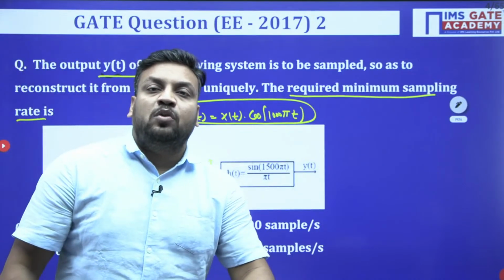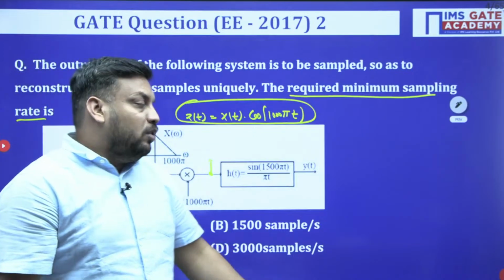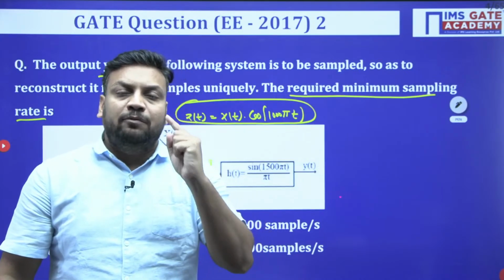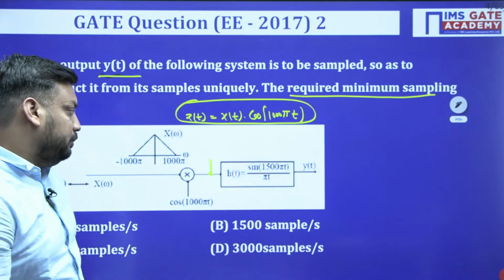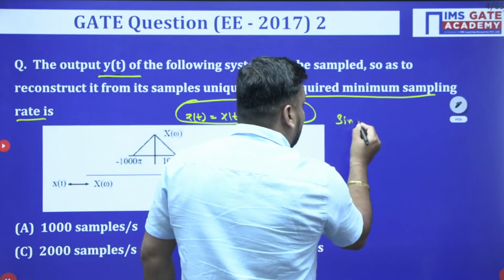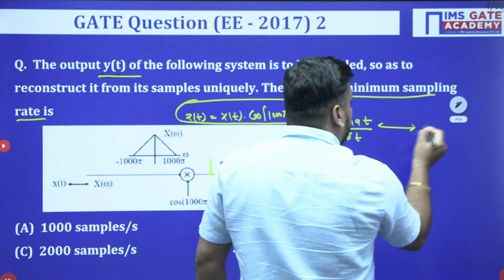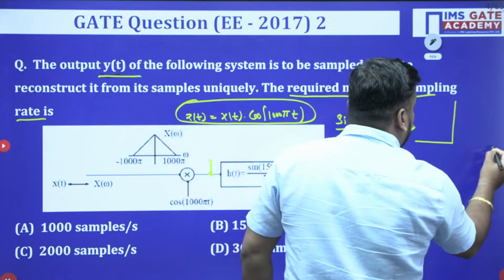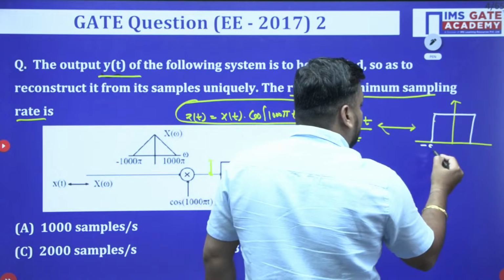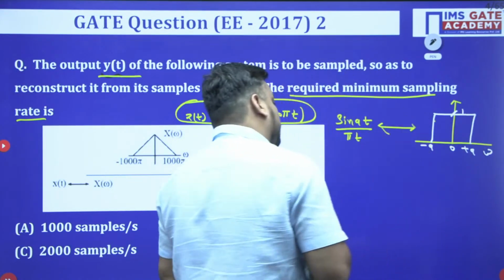How many of you can directly identify sin(at)/(pi t)? Sin(at)/(pi t) directly gives you a low pass filter, a rectangular pulse in the frequency domain, from minus a to plus a in omega. So this is the general Fourier transform.